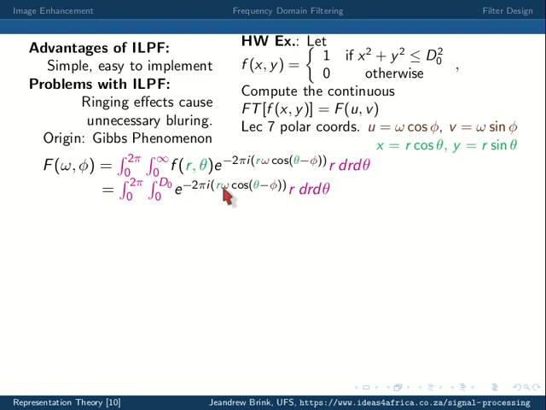So the next step would be you do that integral, which you did a lot of in the previous tutorial, you put in the boundaries which are constants, you get an answer, and then you are left with an integral over theta. And that integral that you're left with is the nasty one.